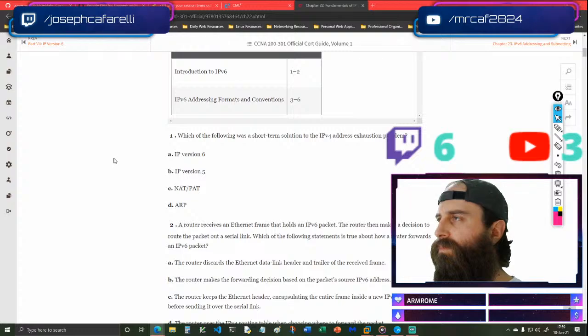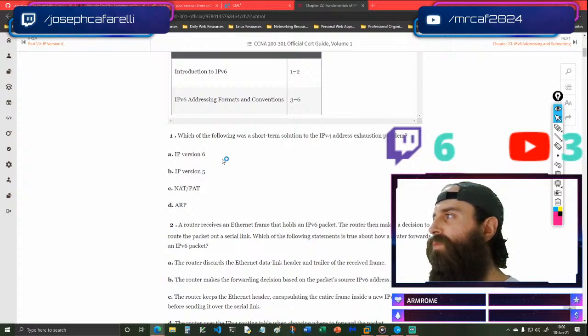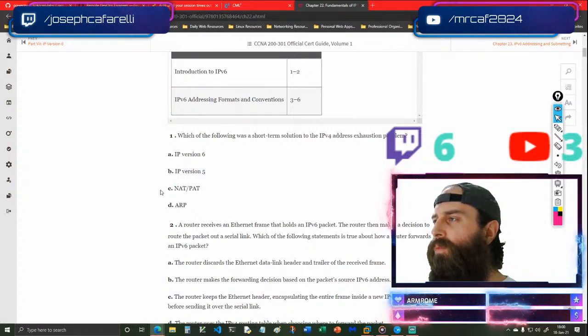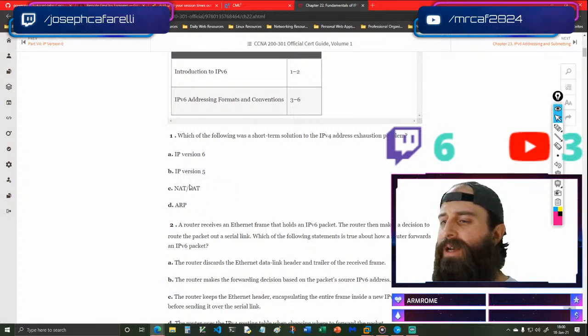Obviously, IP version 6 came to the rescue, but the question is asking what the short-term solution was. IPv6 was obviously the long-term solution, which is the current solution. But the short term, at least from what we've read so far, was NAT and PAT, network address translation and port address translation.